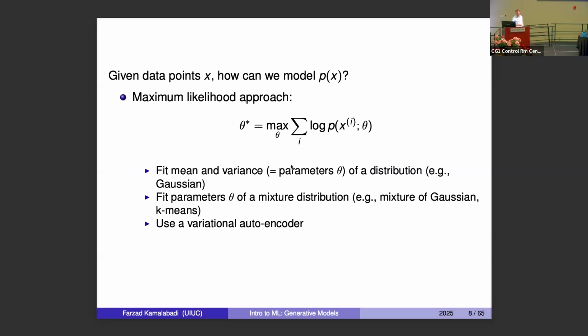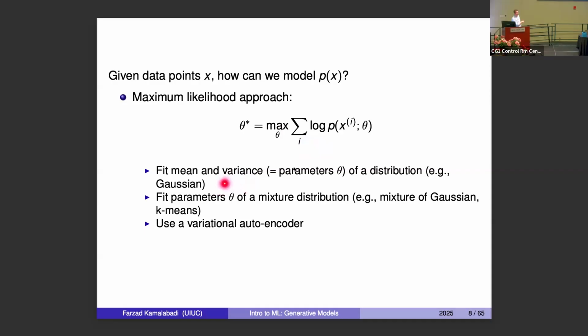In the context of when we have just the data without labels, the maximum likelihood takes a slightly different form. We saw that yesterday as well. So we have these parameters, okay? We want to find the optimum of those parameters with respect to maximizing a likelihood, okay?